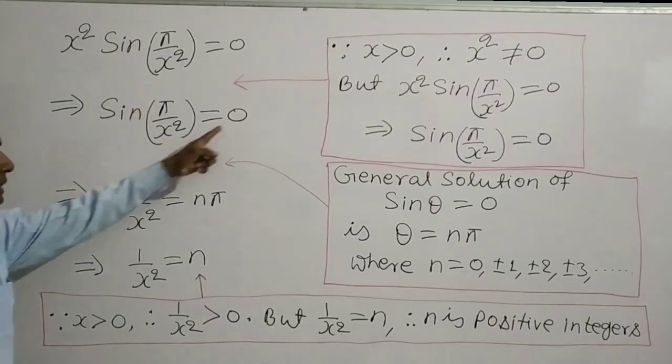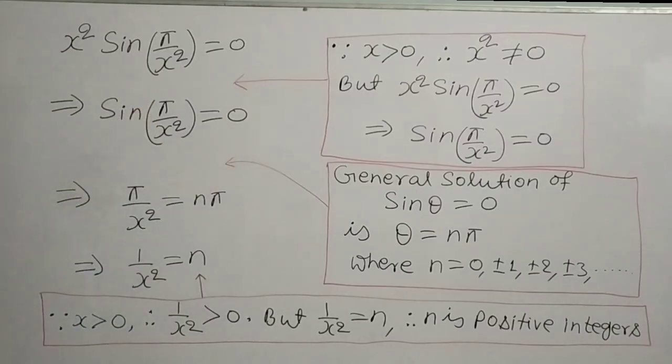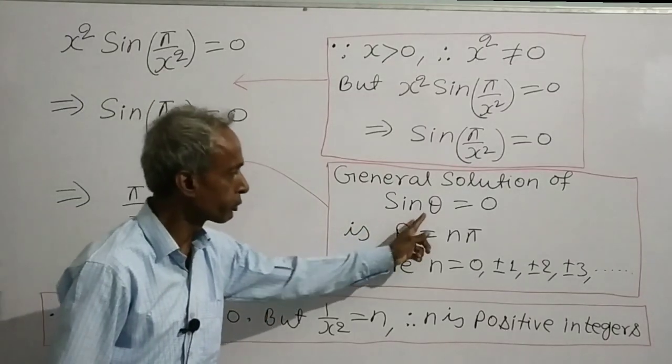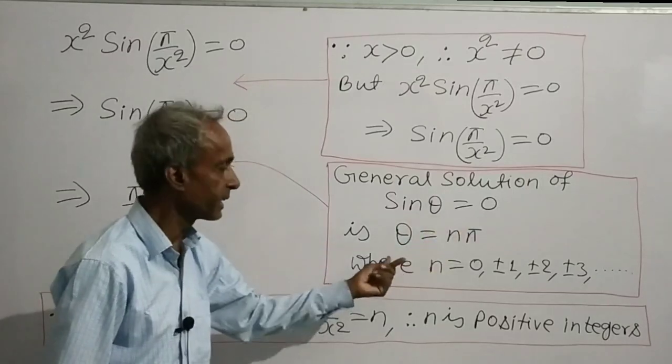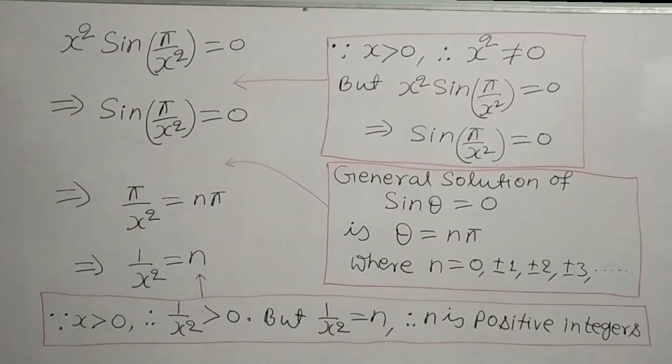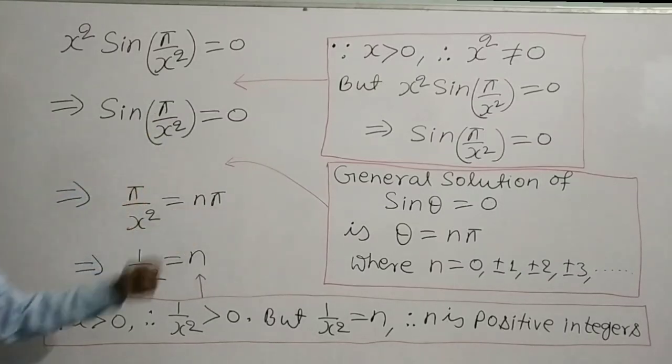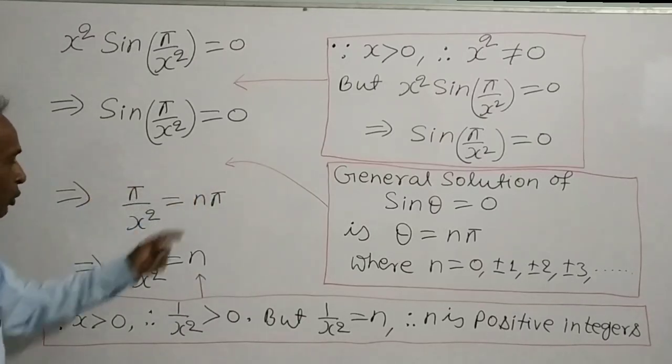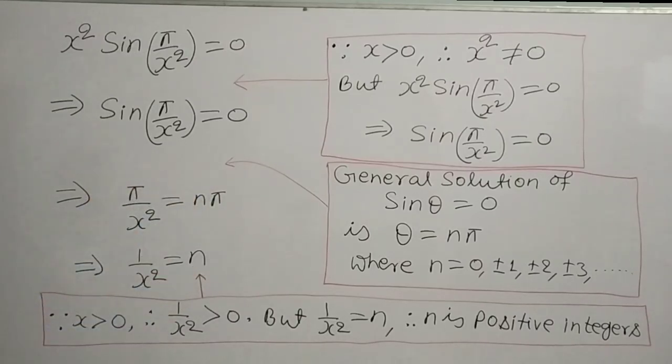Sin(pi by x square) is equal to 0. The general solution of sin theta equal to 0 is theta is equal to n pi. Therefore, pi by x square is equal to n pi. Cancelling pi from both sides, we get 1 by x square is equal to n.